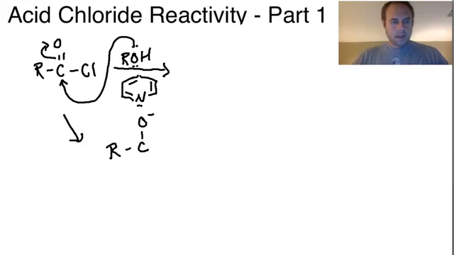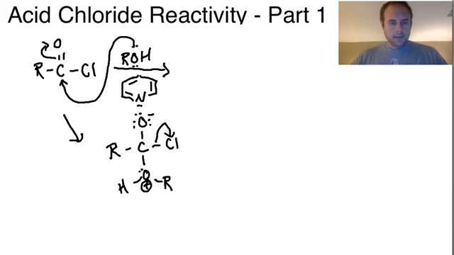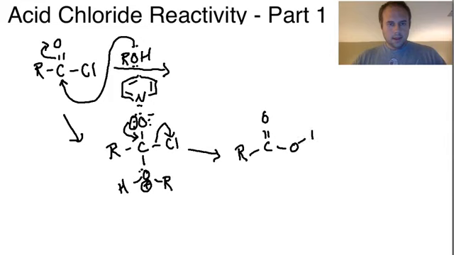I get O minus, and then I would have HR, right? And that would be a positive oxygen right there. And then I have the Cl here. So in the usual fashion, the Cl is removed, right? This can come back down. And when I do this, right, I've got the O and I've got RH here.